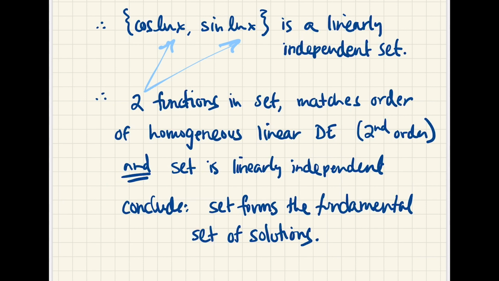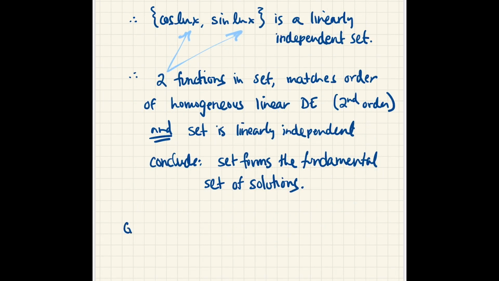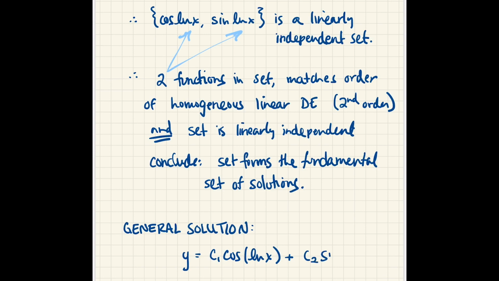So we're not missing anything. We can therefore write the general solution, which was the last stage of this problem, to that differential equation as simply the linear combination of the functions from the set. So we could say that's a constant times cosine of ln of x plus another constant times sine of ln of x. And there we are.